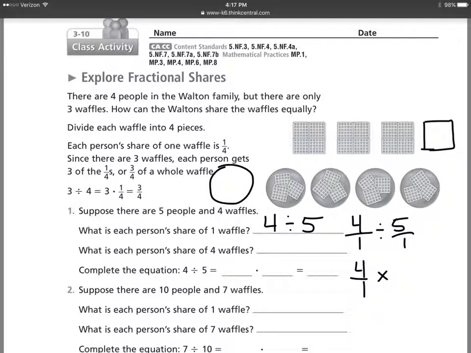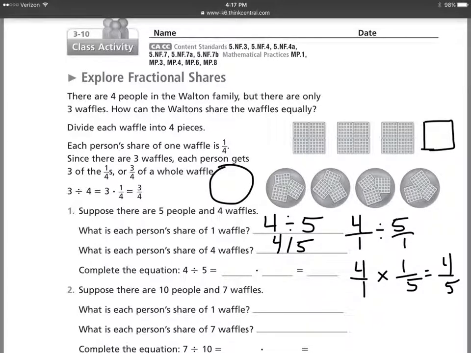So we're going to do that by flipping it, or inverting it, into 1/5, its opposite. And now they're exactly the same problem. 4 times 1 is 4, and 1 times 5 is 5. So each person will be getting 4/5.